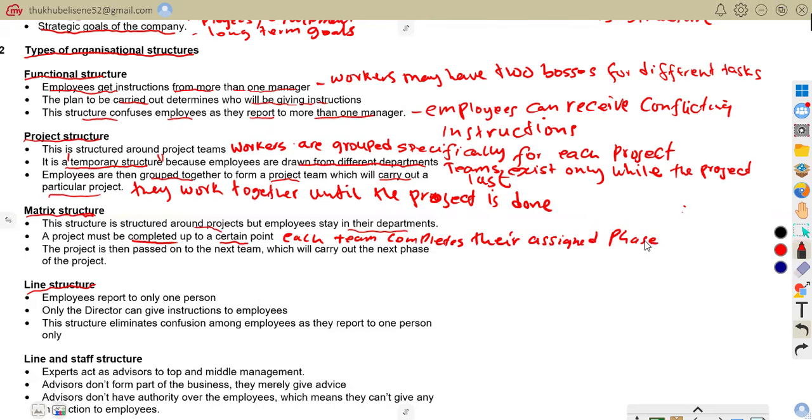For example, designers finish their design stage first.